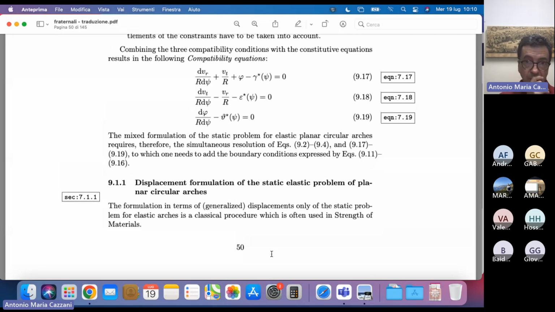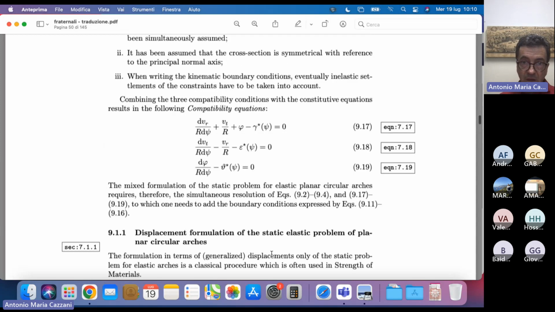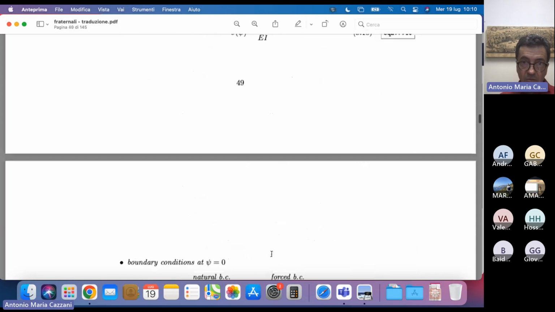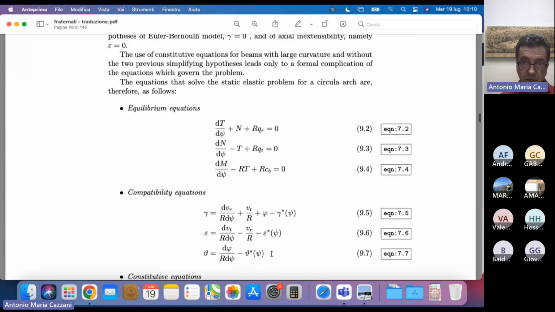Now we see that if we want to solve a problem for an arch, we have to solve simultaneously a system of 6 differential equations.